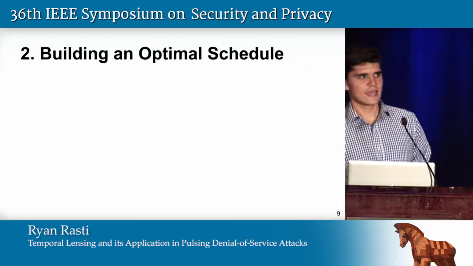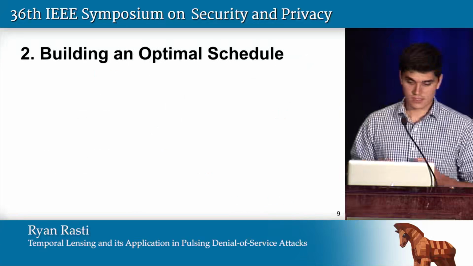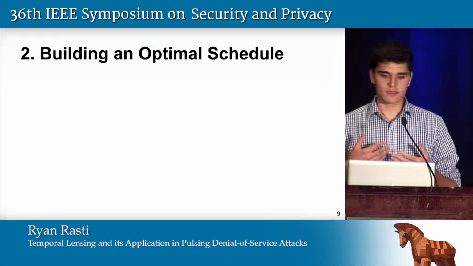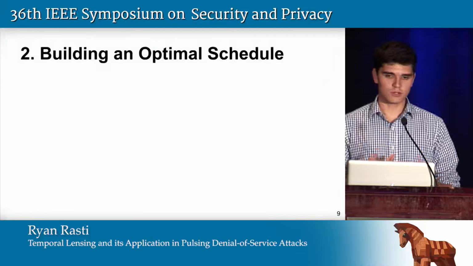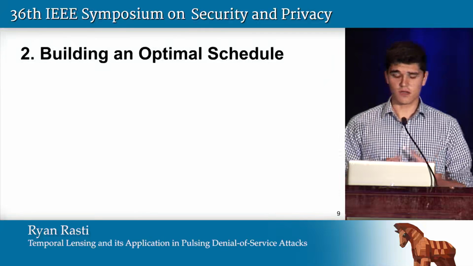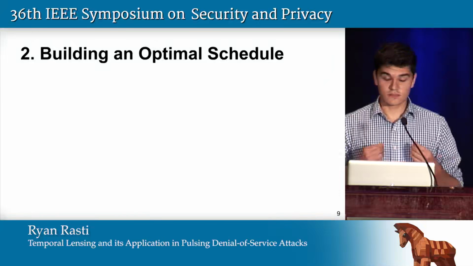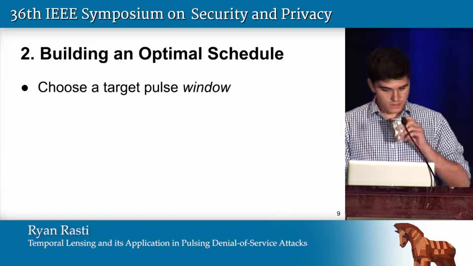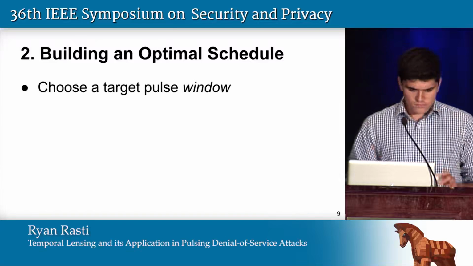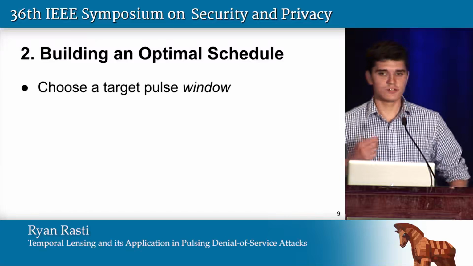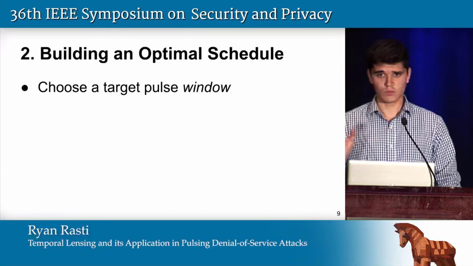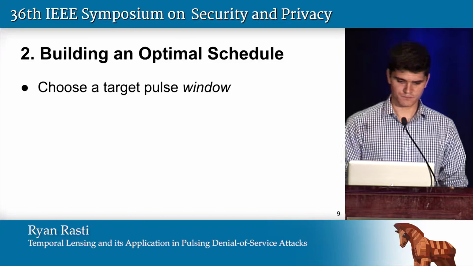Now with these attack path estimates, there's a question of how an attacker builds an optimal schedule, in the sense of making the largest pulse possible. First we choose a target pulse window, which is the duration and offset of when we want the actual spike to land at the victim.